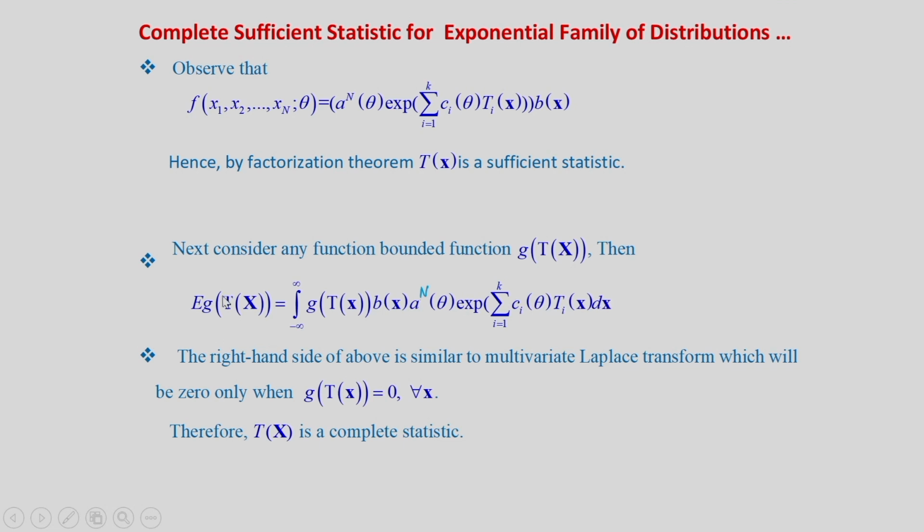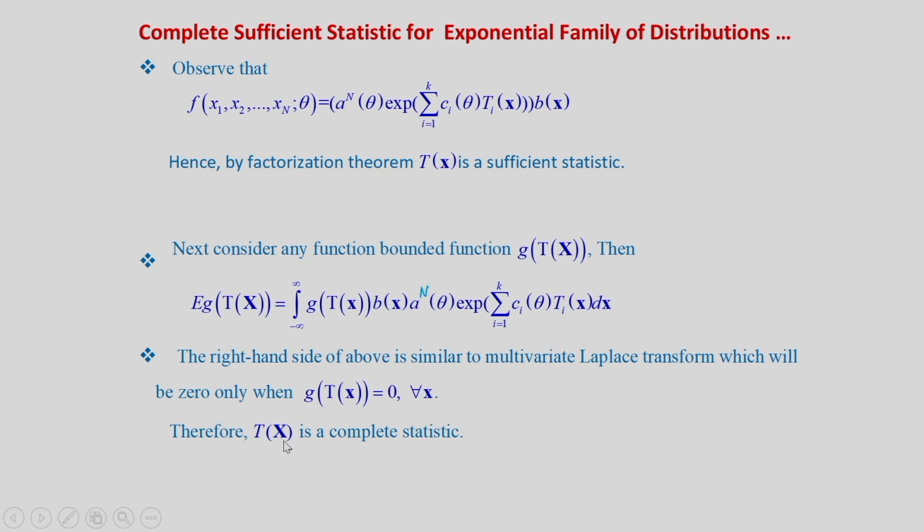So, this integration is the expected value of g(T(x)). Now, this right hand side, because it is an exponential of multiple terms, can be interpreted as a multivariate Laplace transform, and which will be 0 only when g(T(x)) is equal to 0. If this function is 0, only then this multivariate Laplace transform can be equal to 0. Therefore, g(T(x)) must be 0 with probability 1, therefore, T(x) is a complete statistic.